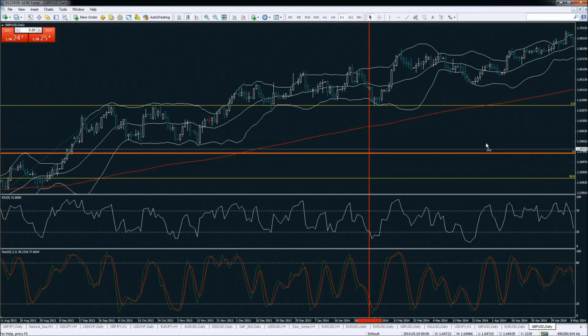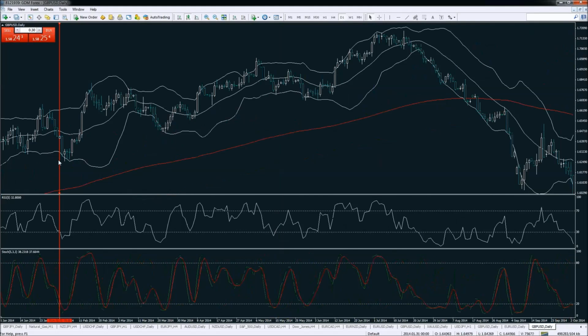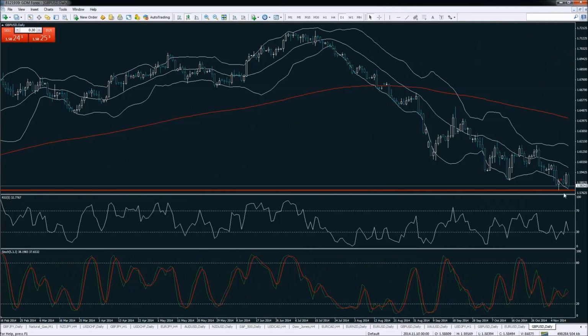There are too many lines with the Fibonacci, so you're just going to use one line, and this is this line, telling you that if it breaks below the 33, which is already a major support line, you can see that it bounced off from here. That was 4 days ago. That's a range of 151 pips, and on one lot is $1,500.